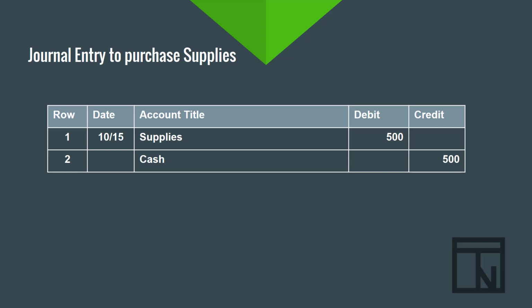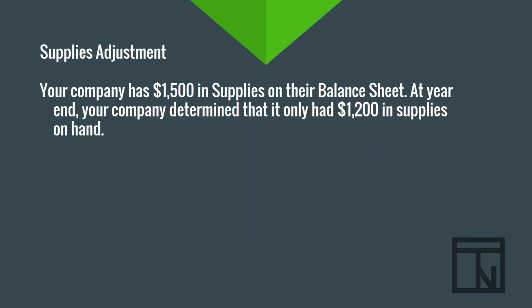Well, up to this point, we haven't had a single adjustment to reduce that amount of supply. So every time we purchase supplies, it just keeps increasing and increasing and increasing, and we never recognize any expenses for the supplies that get used up to generate revenue. And so that doesn't fall in line with the matching principle, and that's why we need to fix it.